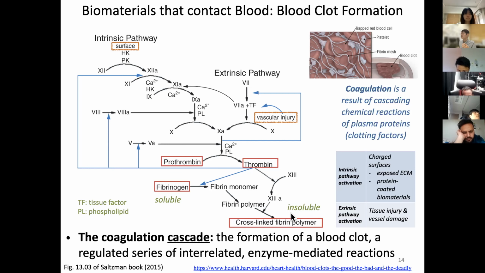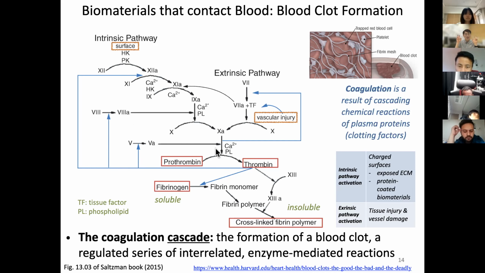And that fibrin polymer forms this fibrin mesh. That's triggered by thrombin, and the thrombin itself goes back to activate this enzyme so that this cascade will keep running. This type of feedback we call positive feedback. So it's like running a snowball, okay?